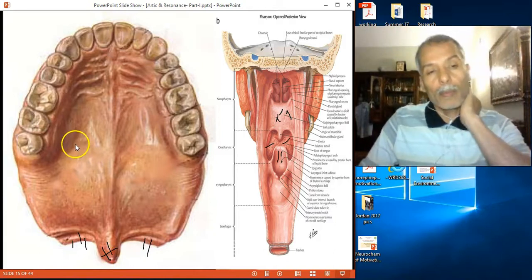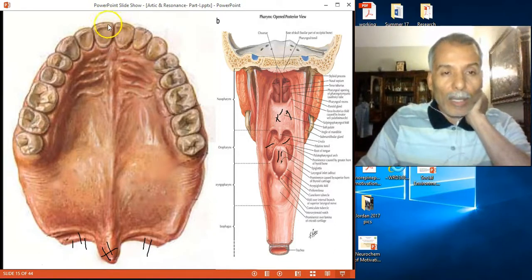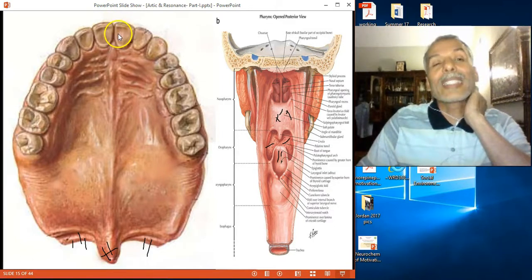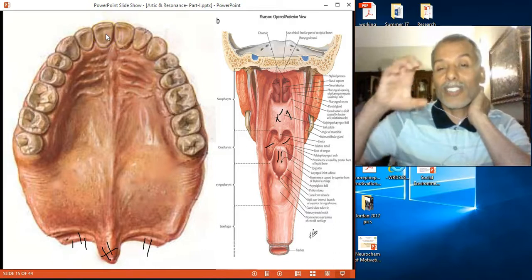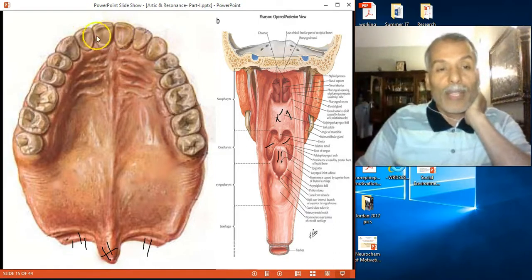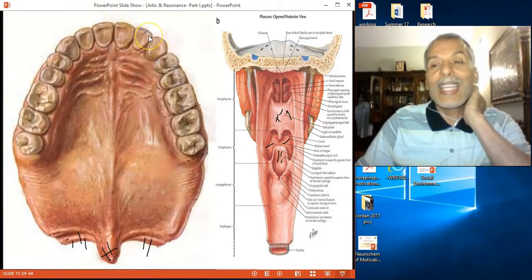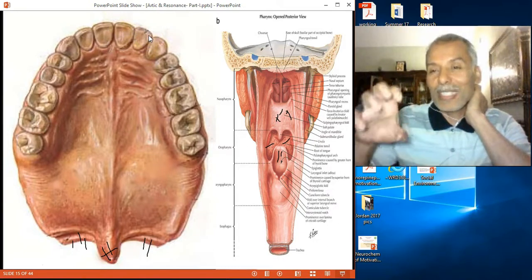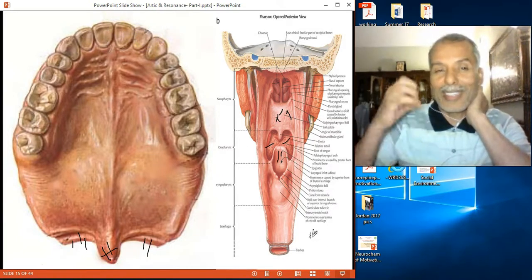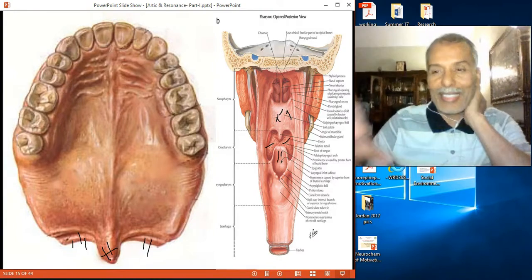When you look here, you can see the two incisors. We call them the two maxillary incisors. An incisor is a cutter. So the teeth that cut are the four front teeth. You have the two central incisors, lateral incisors, and then you have the canines. The canines are for tearing. Like if you have a piece of steak, the canines tear.